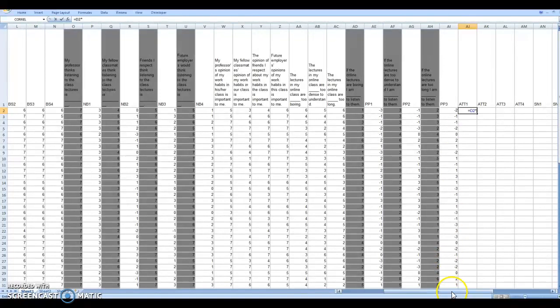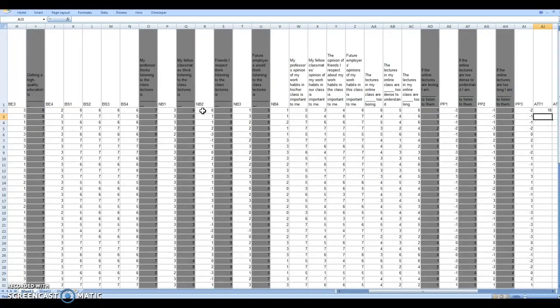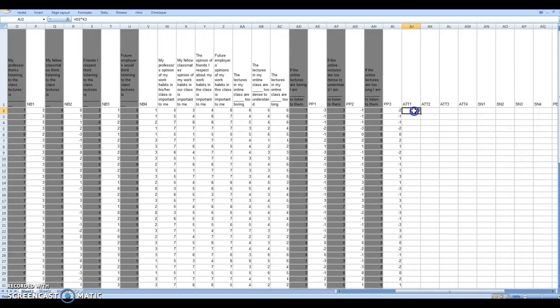That was BE1, so we scroll over, and I'm going to select BS1, right? And I'm going to hit enter. And you see what happened if I scroll back over here for attitude 1. If you look at the formula, it says it's multiplying whatever number is in D2 times whatever is in K2.